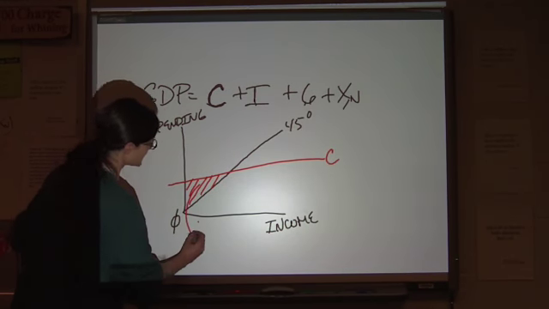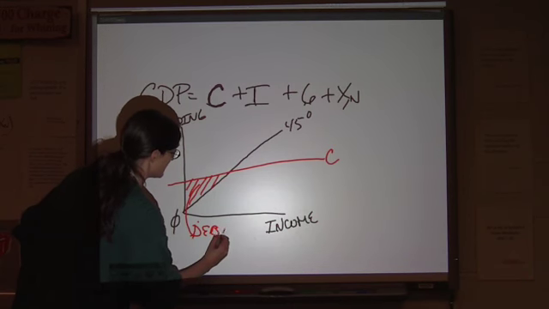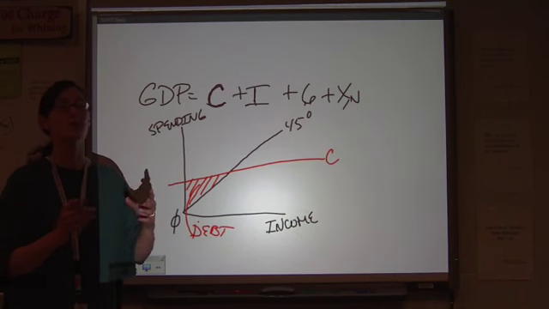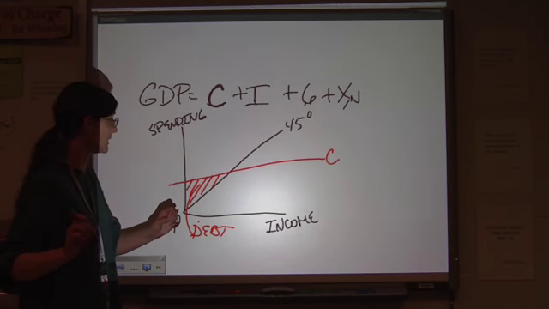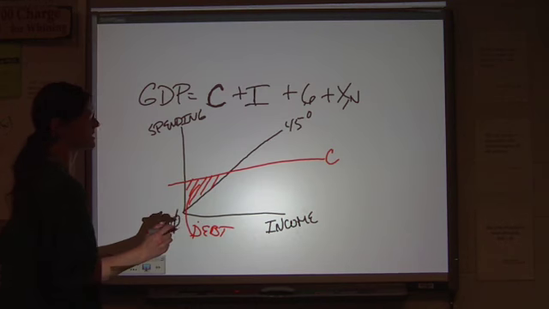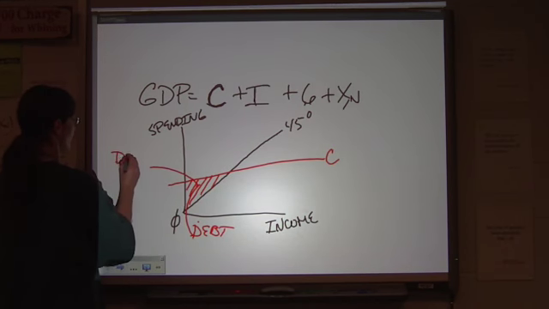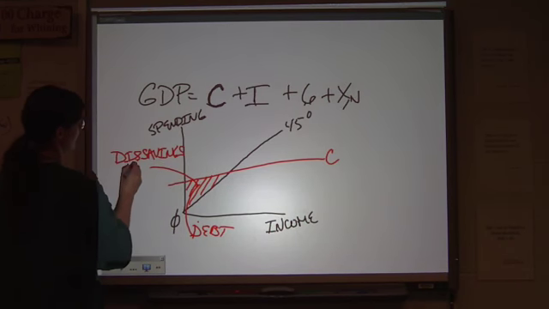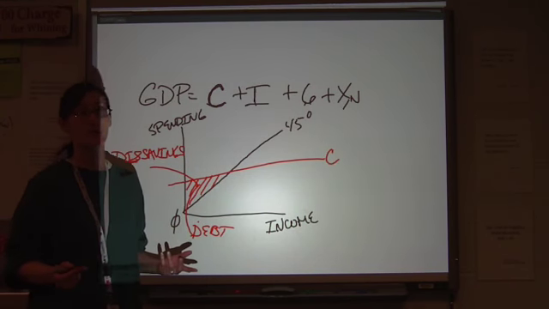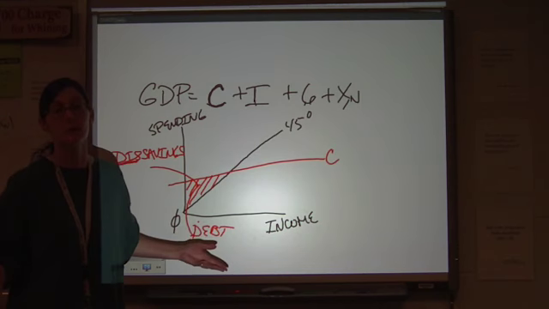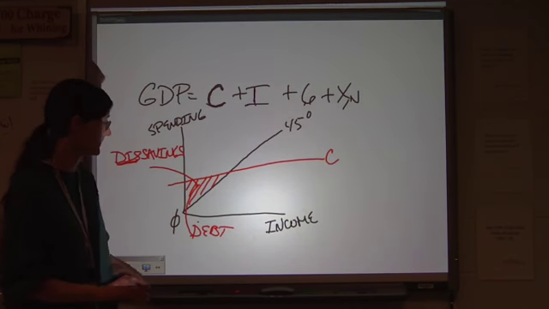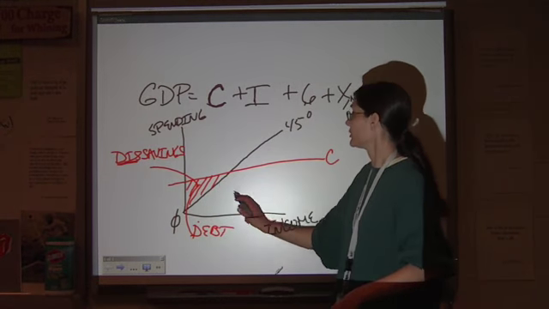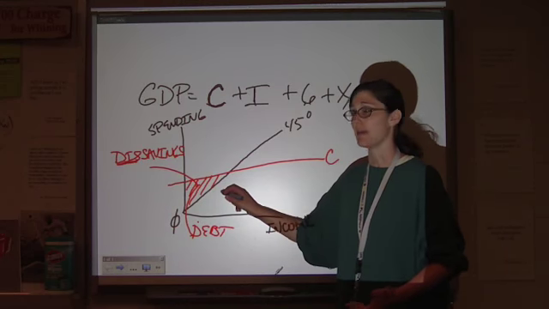You can call it debt, or you can pull one of those lovely econ terms that you never see anywhere else on the planet and call it dissavings. That's actually the word, sort of. Dissavings, or the opposite of savings, which means debt. It's the same thing, it's just a different way to put that. Now, you're young, you're at lower income levels, you're going into debt.